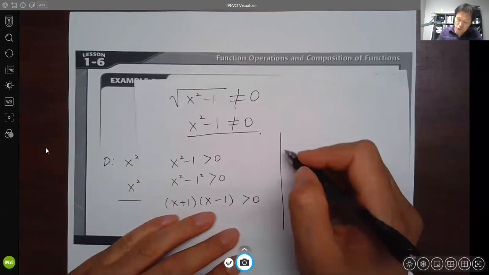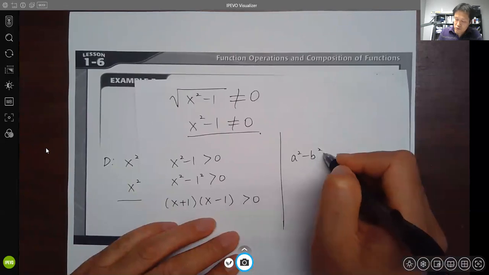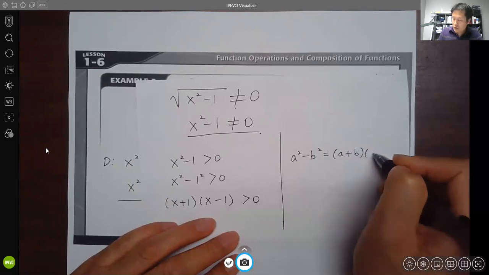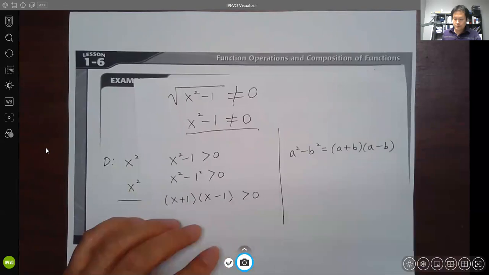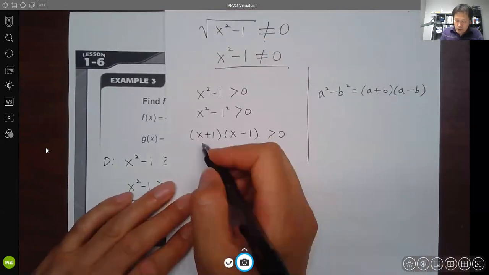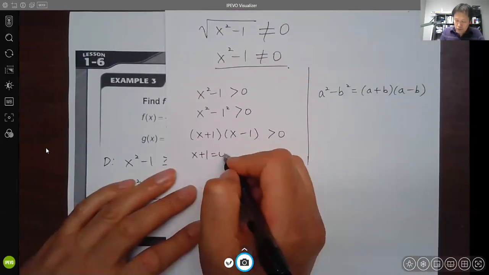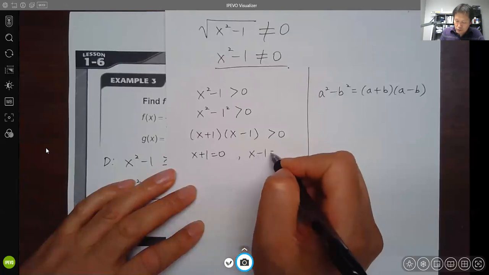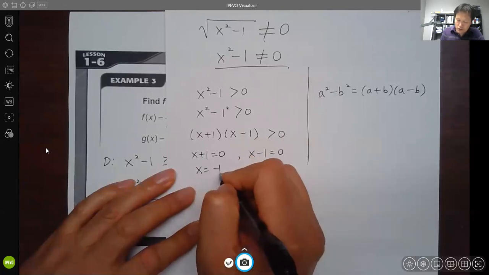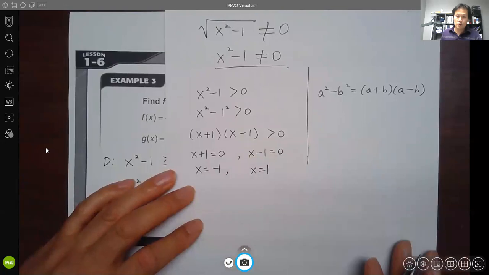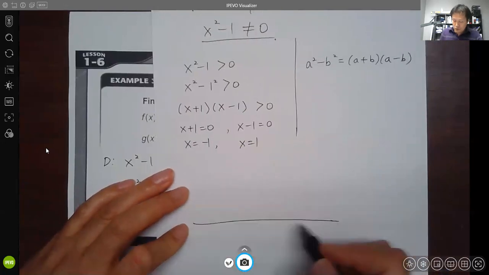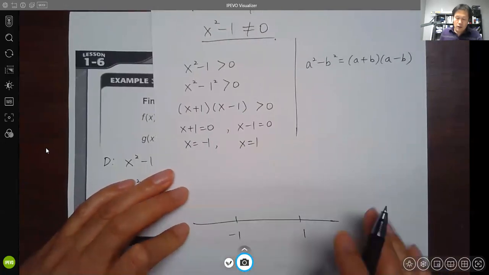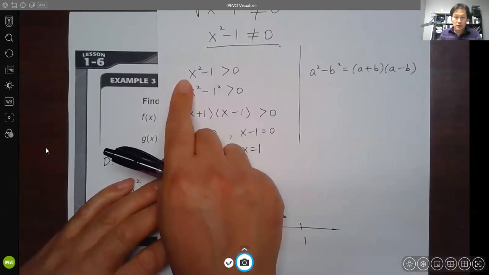I just used the a squared minus b squared equals a plus b, a minus b formula. Then you got x plus 1 equals 0, x minus 1 equals 0. So you got minus 1 here, positive 1 here. And if you look at the coefficient, that's positive.